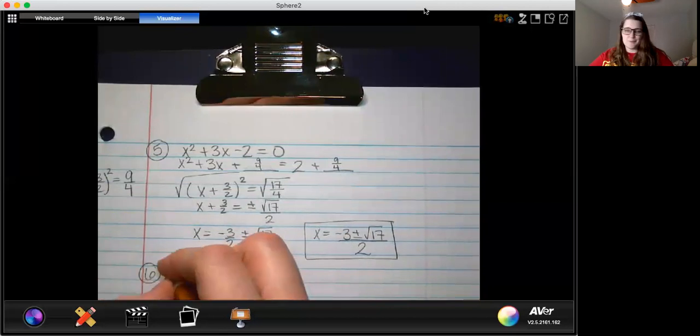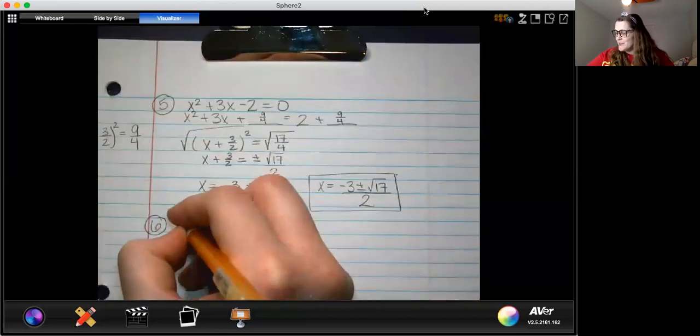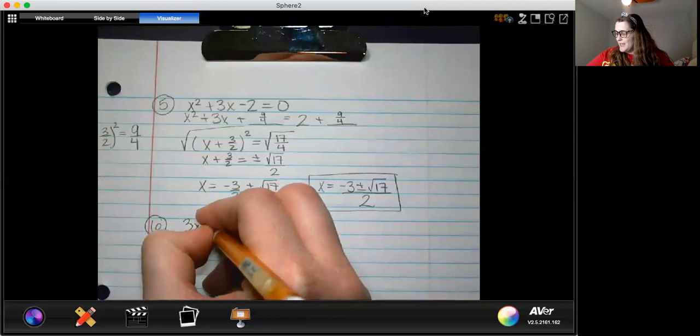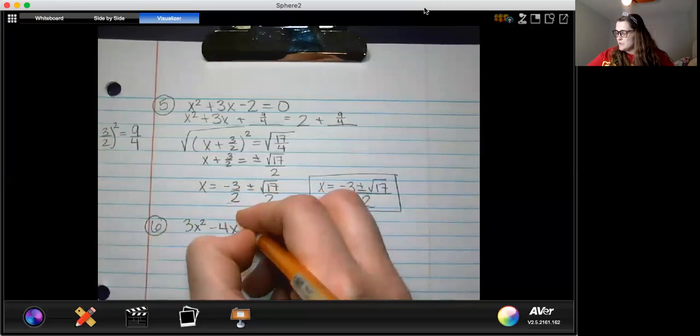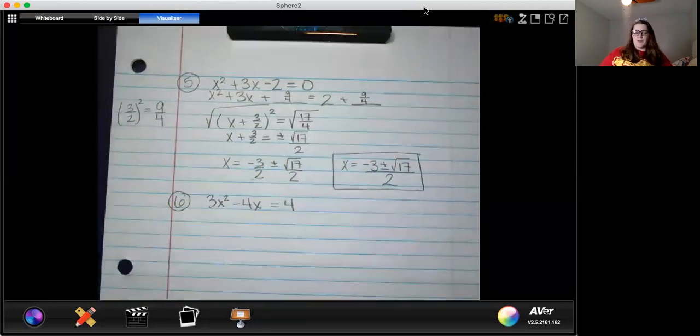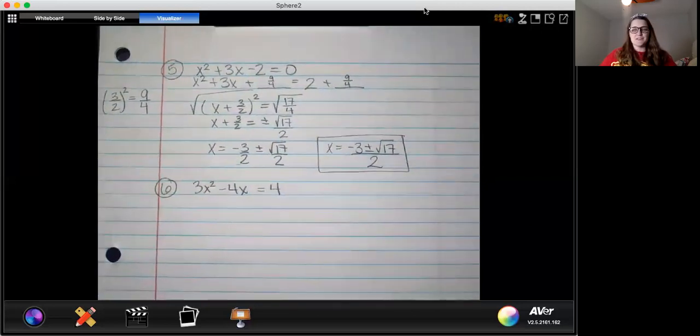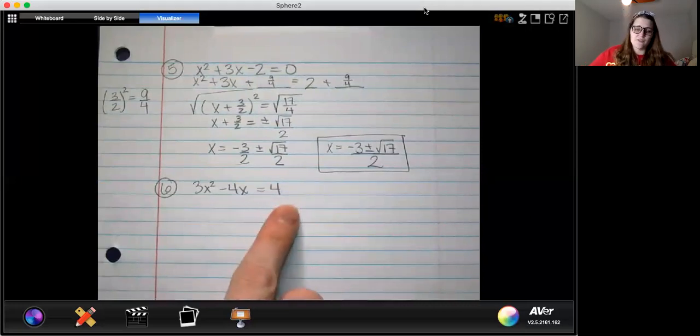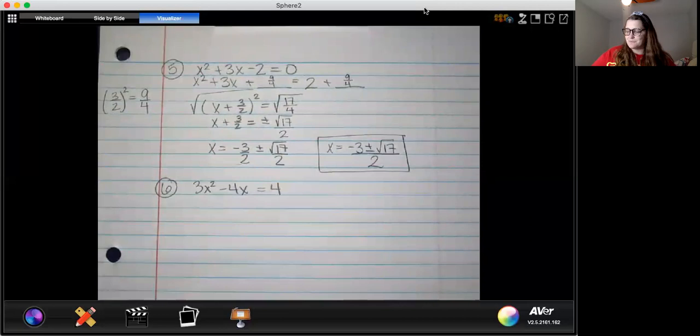Okay, now we're going to get into rule number 1. 3x squared minus 4x equals 4. This one also has a formatting change. It isn't already equal to 0, which is fine because this is actually what I need it to be. I need the constant on the right and my variables on the left.